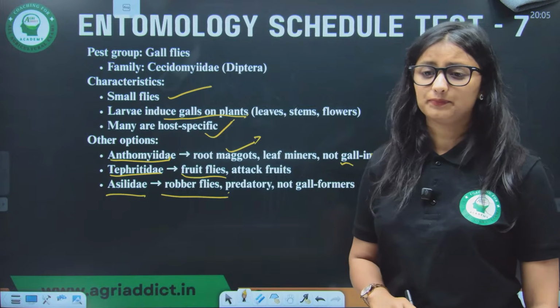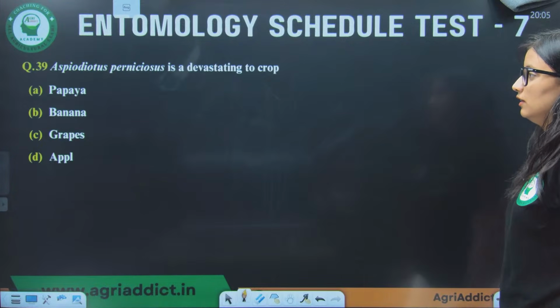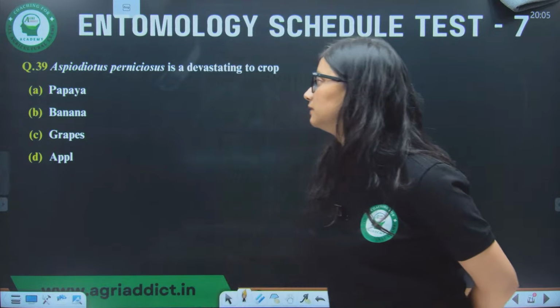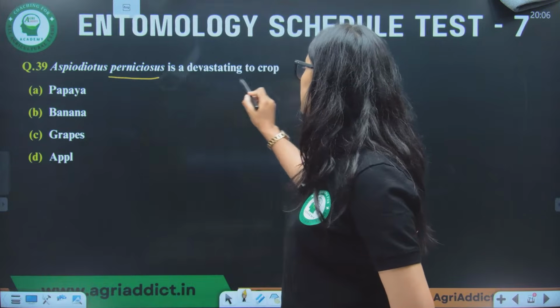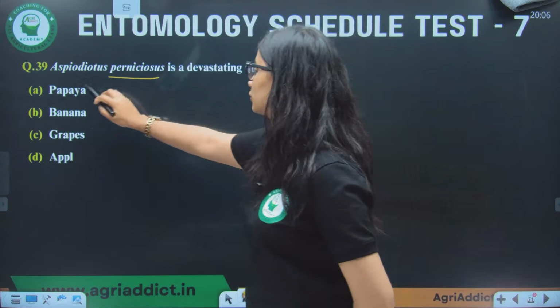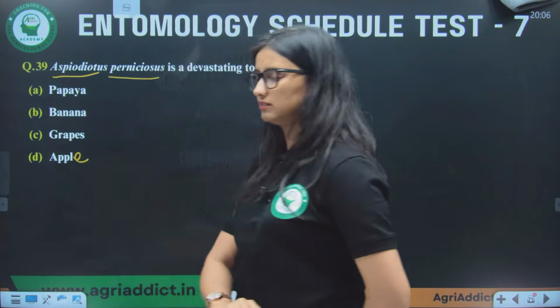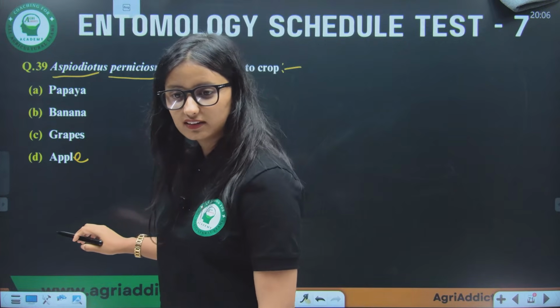Okay. So let's move to the next one. Now answer this one. Aspidiotus perniciosus is devastating to which crop? Very good. Apple is the correct answer.